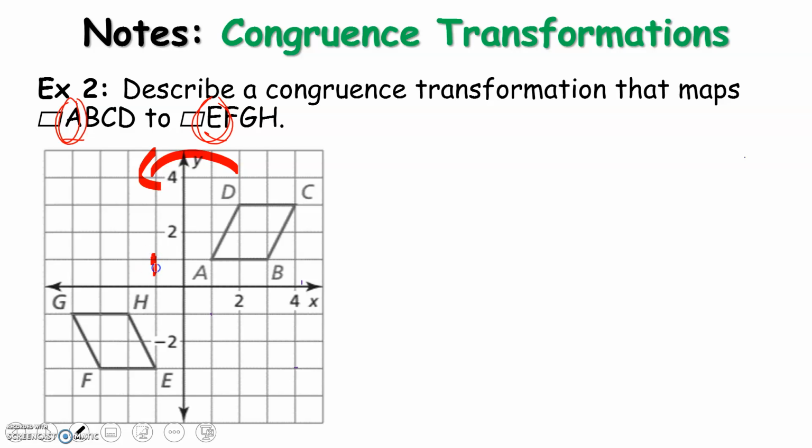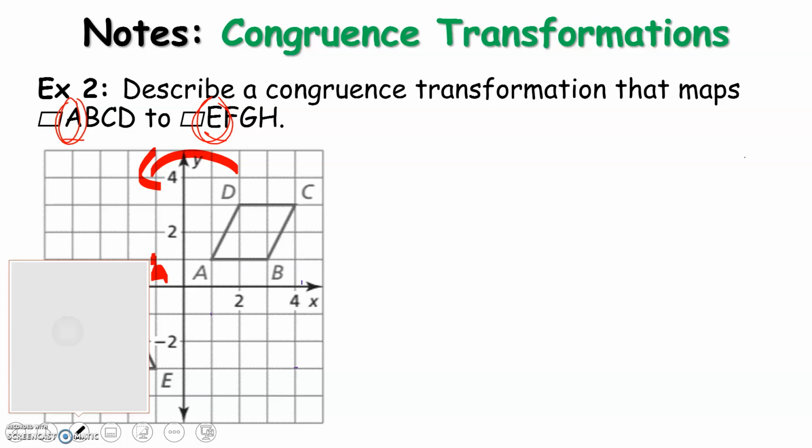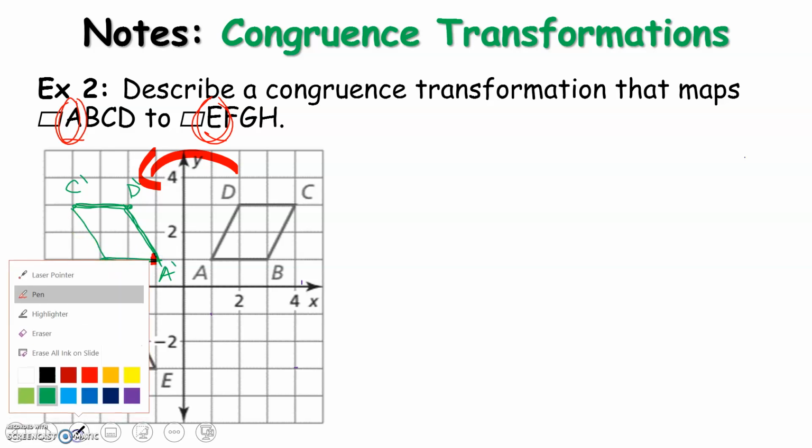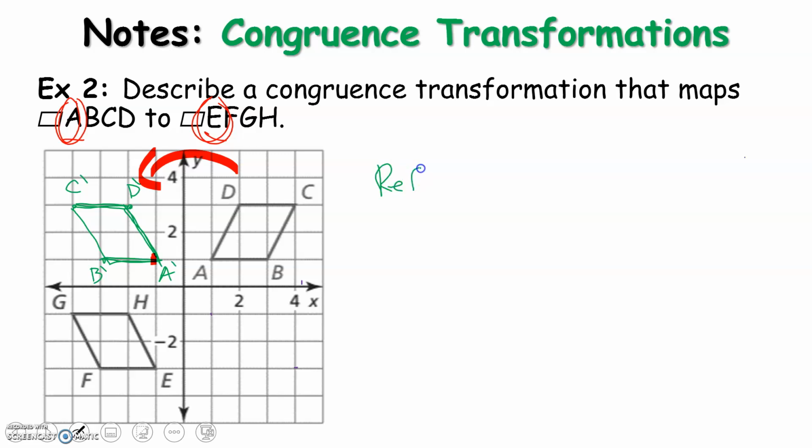So that puts A here. And actually, I think that's already going to be better. So A is here. B is here. D is here. And C is here. So that's a reflection. We're going to reflect A, B, C, D over the y-axis.